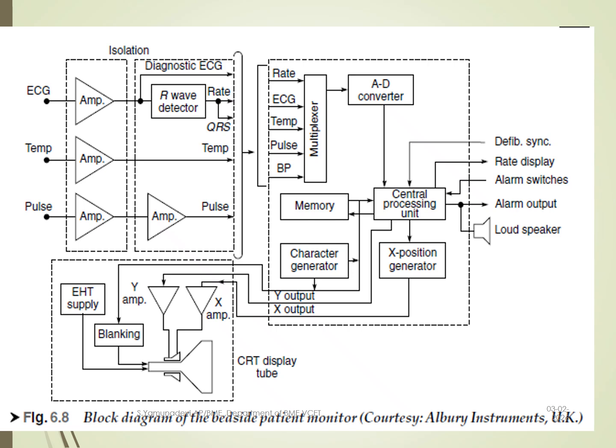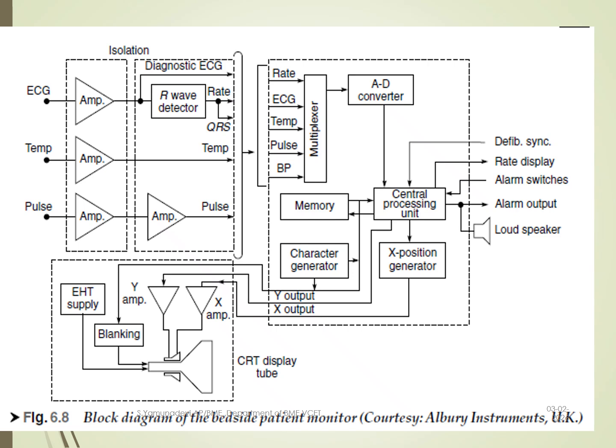Then it gives us an alarm output and also a speaker output. It also displays in a display unit using a CRT display. The inputs are sent to the CRT module. It displays using a CRT tube, that is a cathode ray tube, which uses the principle of X and Y deflection plates.